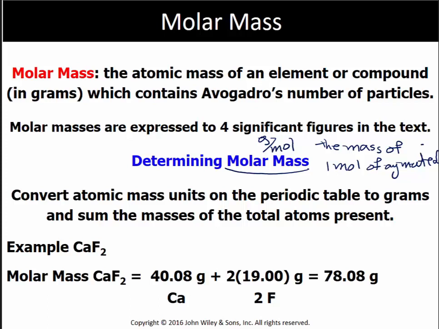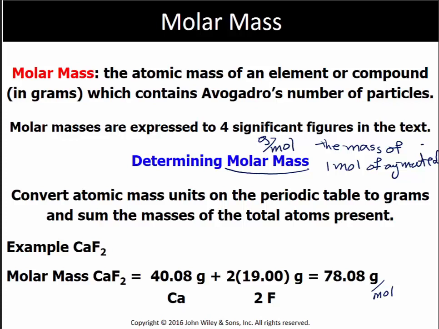To find the molar mass of calcium fluoride, you add up the atomic mass of 1 calcium, which we read from the periodic table as 40.08 grams, plus 2 fluorines, and that gives you 78.08 grams per mole. Remember that the unit for molar mass is grams per mole.